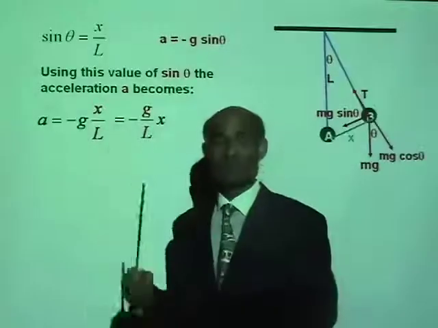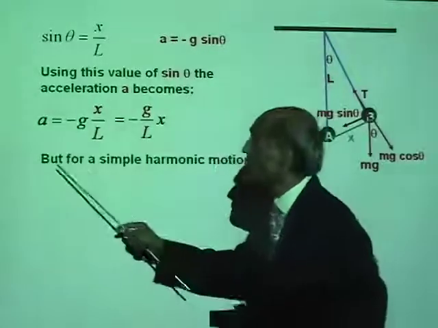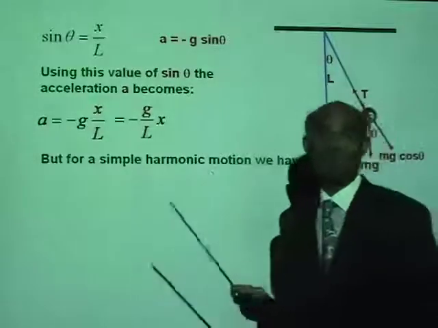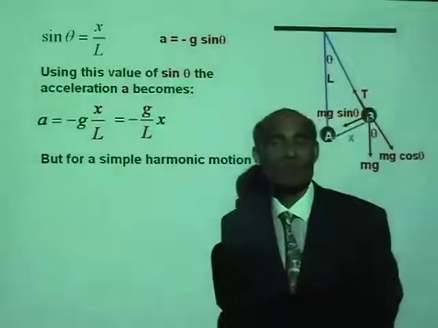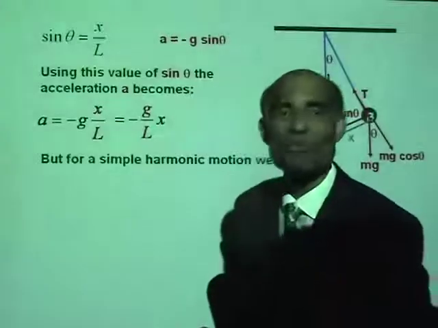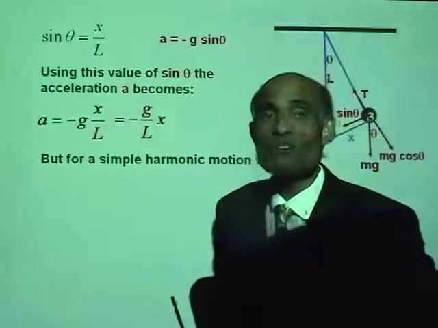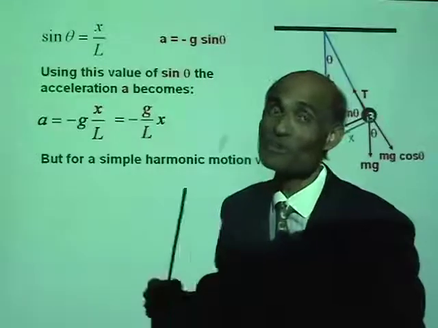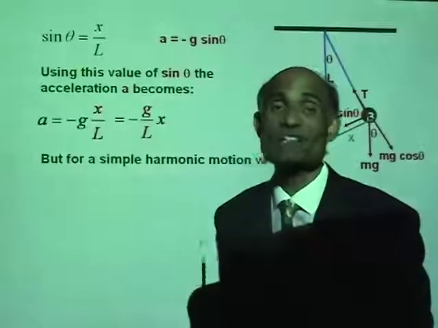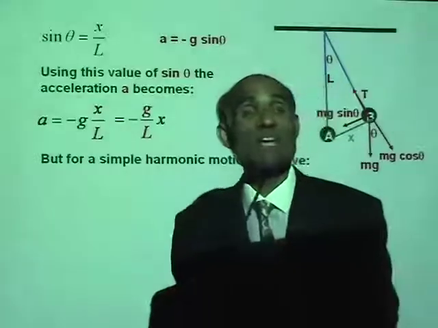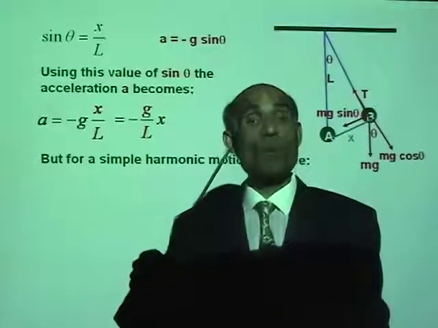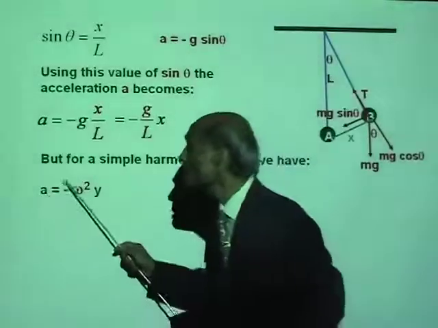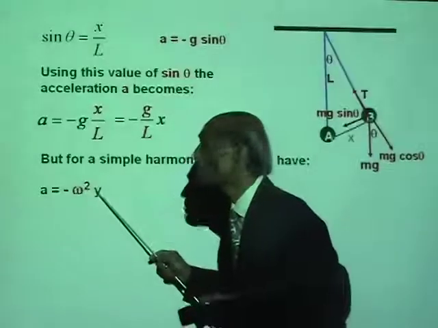The displacement. Alright, but acceleration for a simple harmonic motion, I was asking you that question. Do you remember the equation we developed for acceleration of a simple harmonic motion? I know most of you forget all these things very easily. Acceleration a equal to negative omega squared y. There you are. a equal to negative omega squared y.